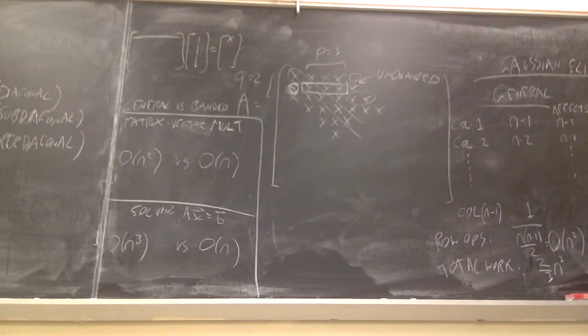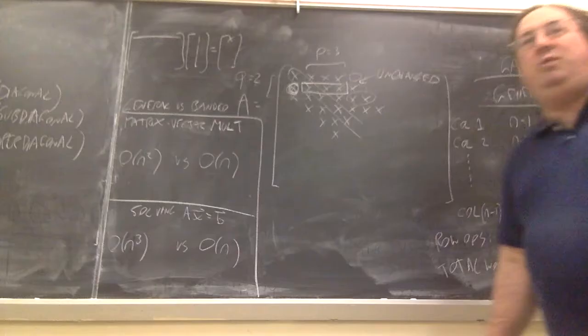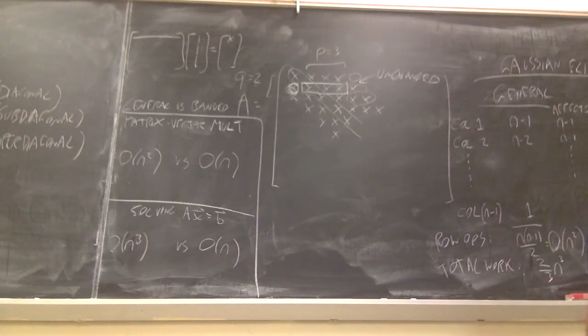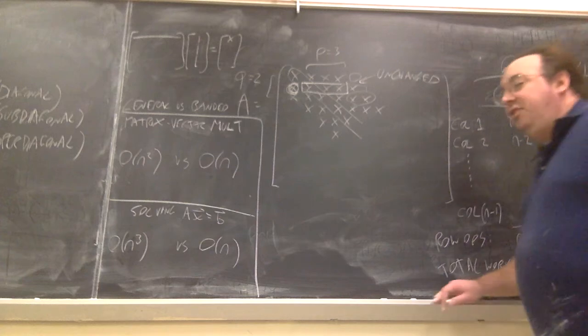Okay, so in summary, we really help with the efficiency of Gaussian elimination in terms of arithmetic operations and storage. These were equal to 0.